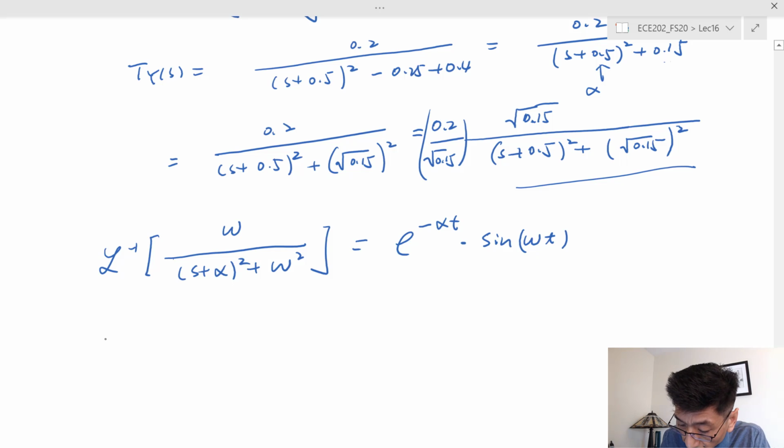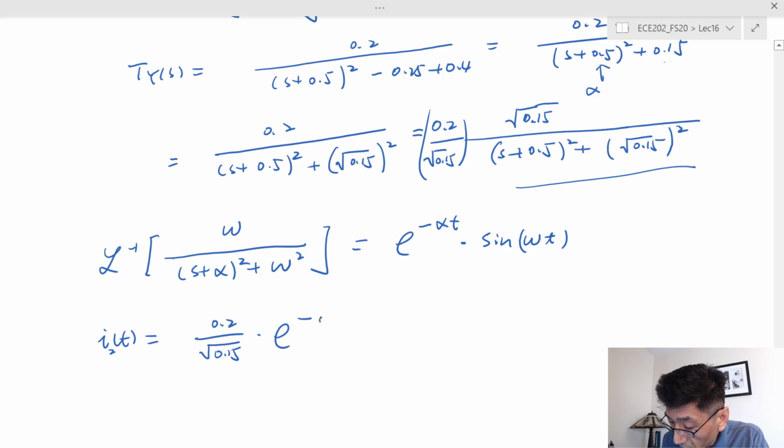To get the inverse Laplace transform, therefore, the I2t is equal to 0.2 over the square root of 0.15 times e to the minus alpha t, 0.5t, times sine omega t. Omega in this case is the square root of 0.15 t times the ut, and this is in amps.